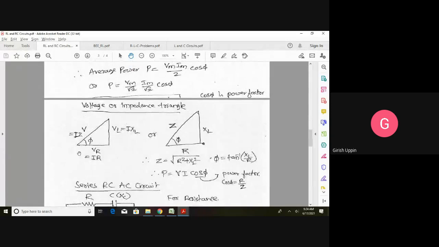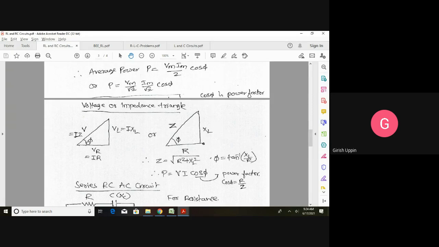So you can see here, this is VR, and VR we know is I into R. VL we know is I into XL. And what is V by I? V by I is equal to Z. Therefore, V is equal to I into Z. If I remove the I component from these three, what remains? This is Z, and this angle is phi, this is R, and this is XL.